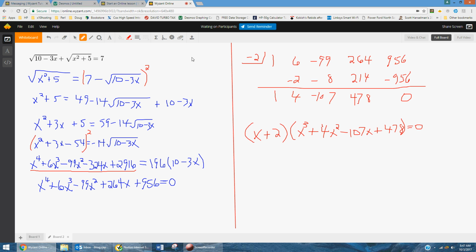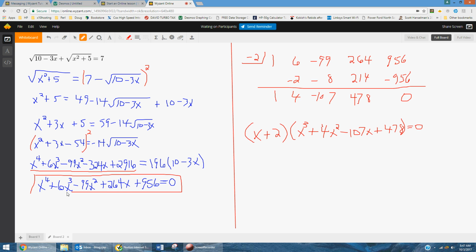I had to be very careful that I did my multiplications correctly, that I combined similar terms correctly, etc. Square this side, I square the negative 14, I get 196 times 10 minus 3x. And distribute, collect similar terms, set it equal to 0, and now the question becomes, how do you solve an equation like this?